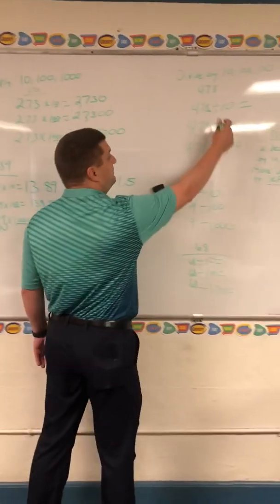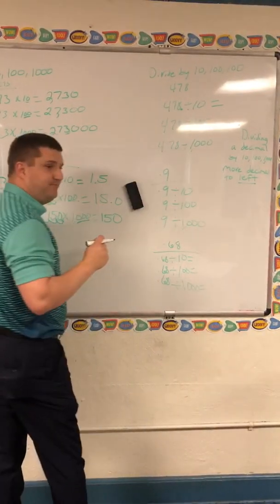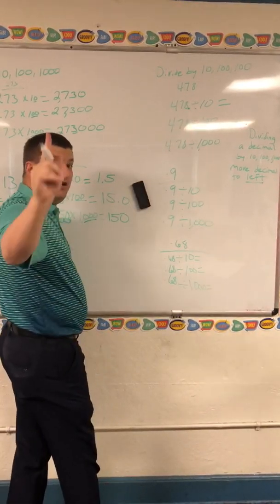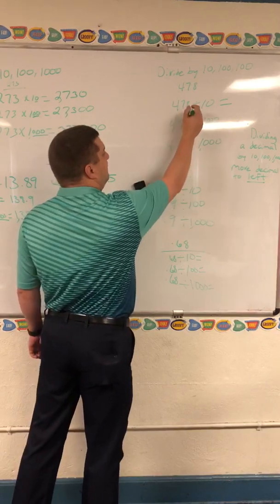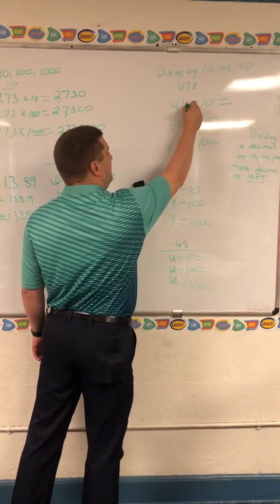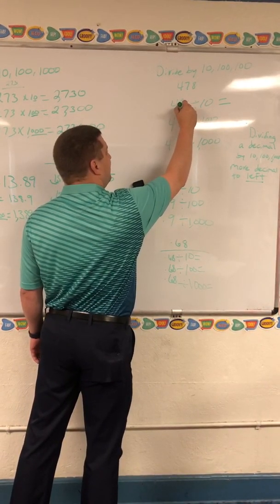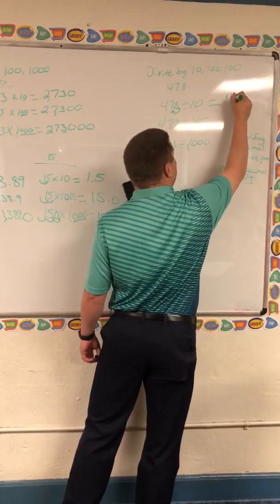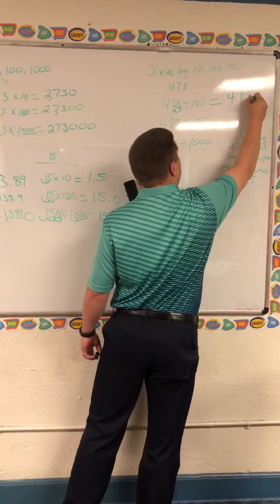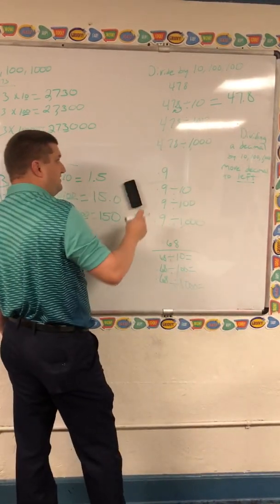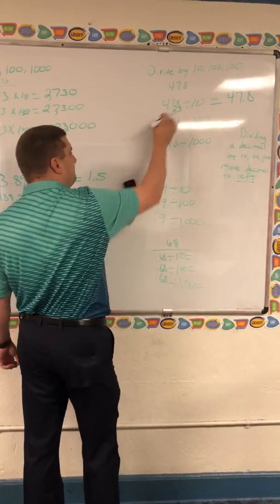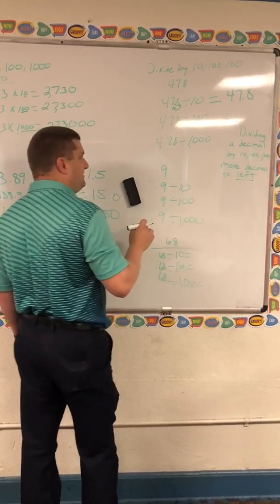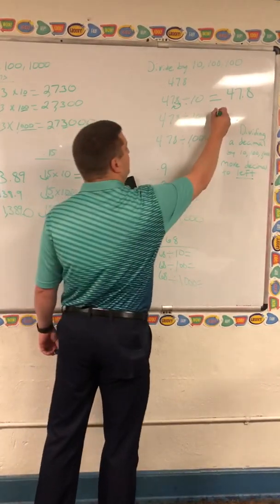So when you divide by 10, there's 1 zero. So when you move your decimal over to the left, you're only going one number. So now you have the answer of 47.8. 1 zero, one spot with the decimal. 478 divided by 100.